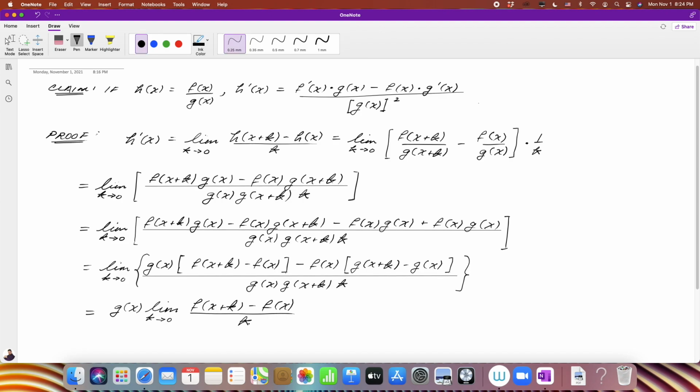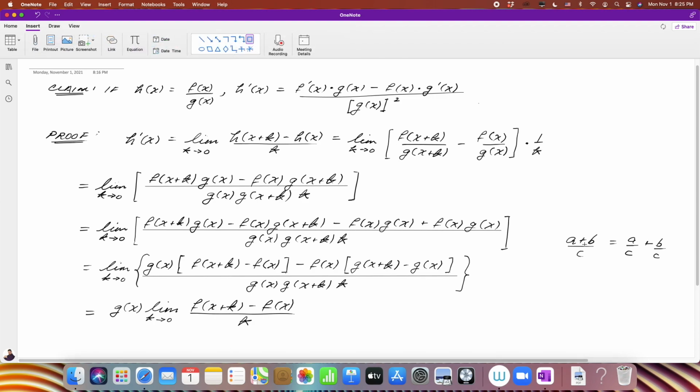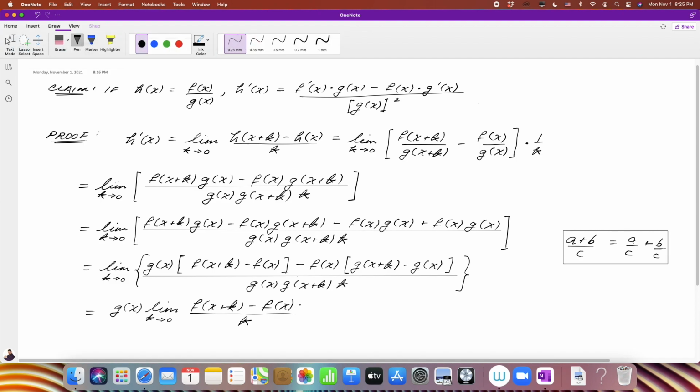All right, I'm just going to apply this k here. We're going to use the following principle: a plus b over c equals a over c plus b over c. Okay, this property right here. Okay, that's what we're doing.